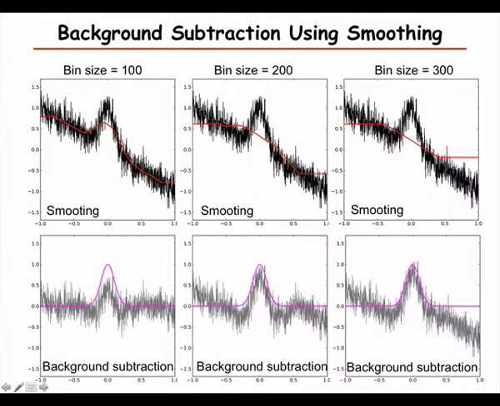And if we subtract that, we get quite good retention of the peak, and we remove the slope.